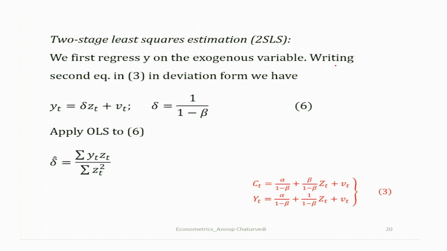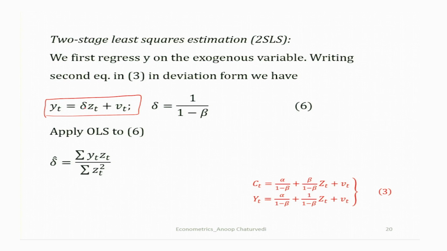So, we write the second equation as small y t equal to delta z t plus v t, where delta is equal to 1 upon 1 minus beta. So, you have this equation. Then we run regression between y and all the exogenous variables, that means y and z.